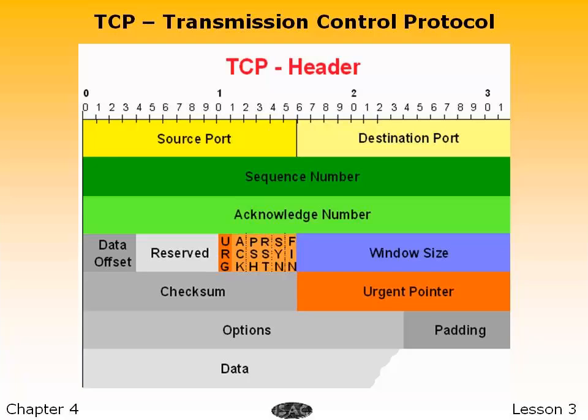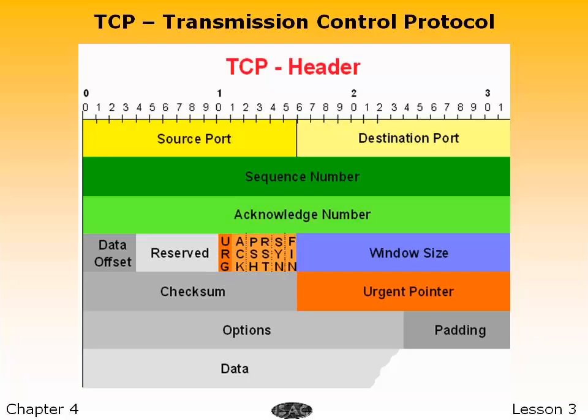Other applications which do not require reliable data stream service may use the User Datagram Protocol, or UDP, which provides a datagram service that emphasizes reduced latency over reliability.